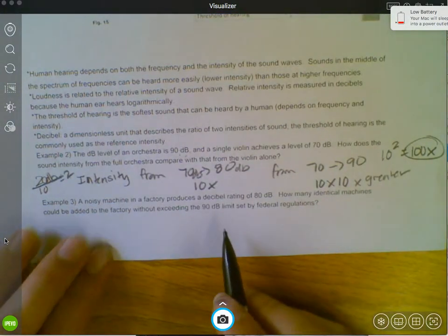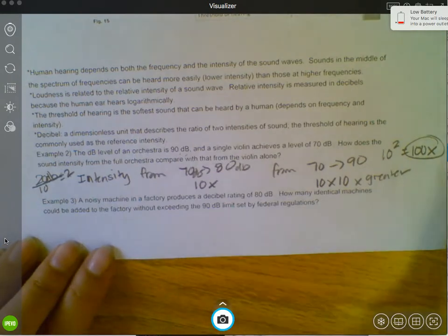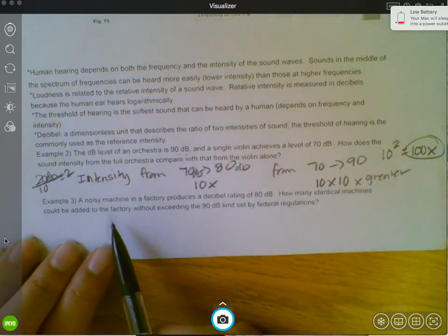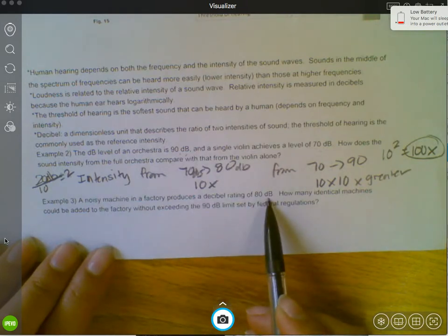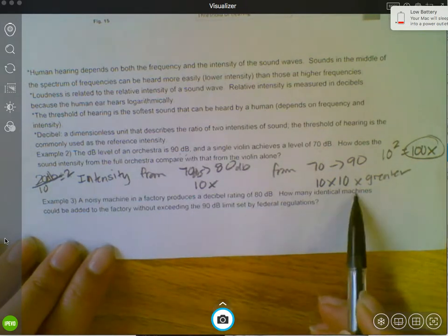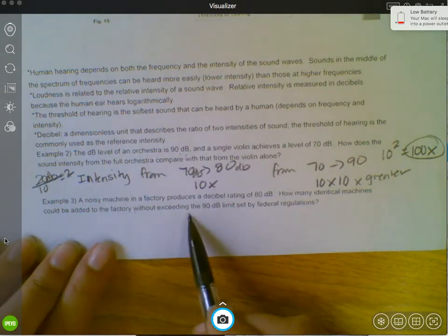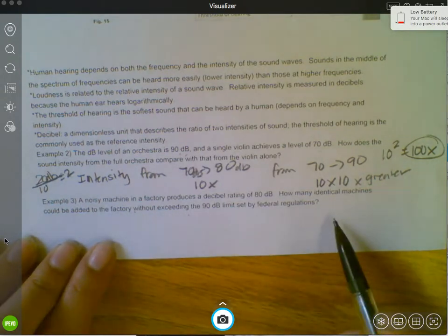Now, this one's even more confusing, in my opinion. So a noisy machine in a factory produces a decibel rating of 80 decibels. Okay? How many identical machines could be added to the factory without exceeding the 90 decibel limit set by the federal regulations?